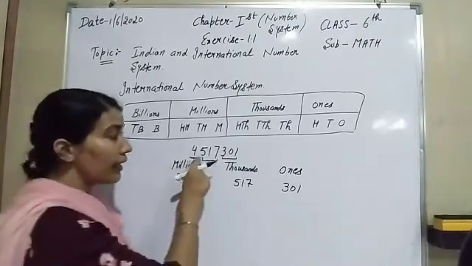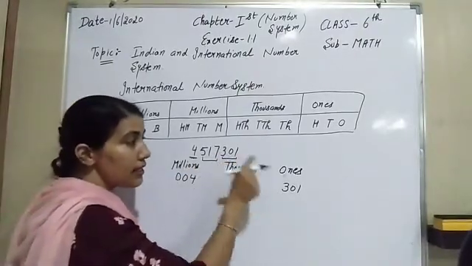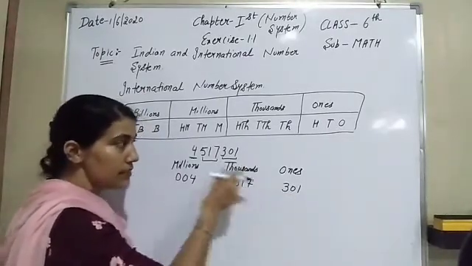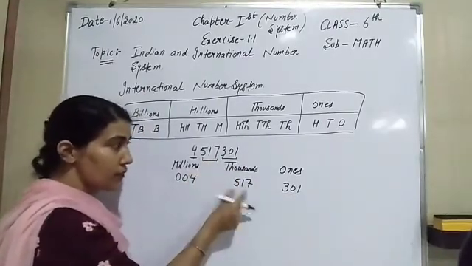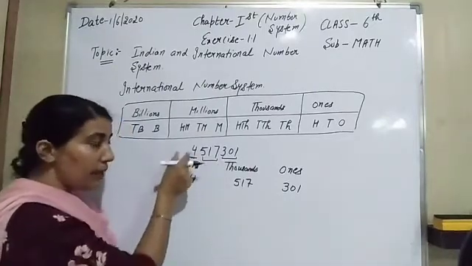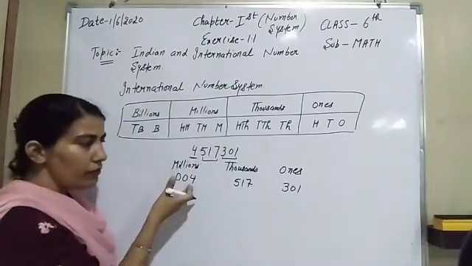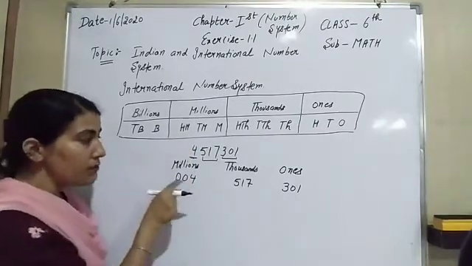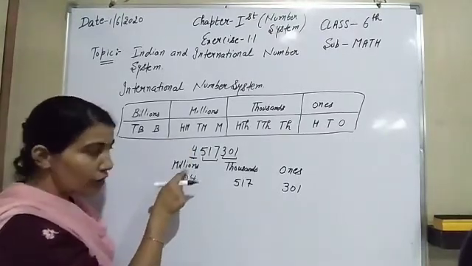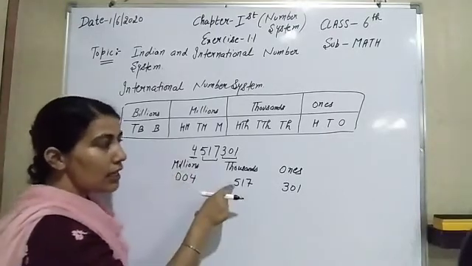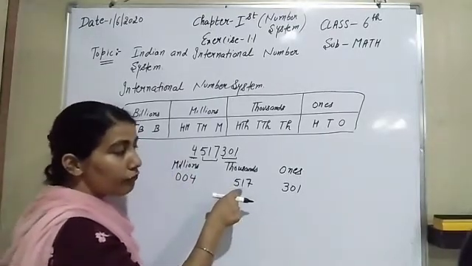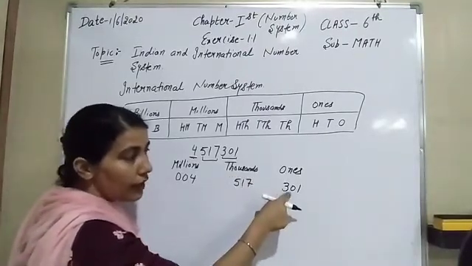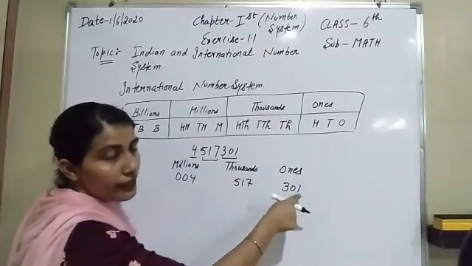So look here: the last 3 digits at the ones place, after that 3 digits at thousands, and 3 at millions. The remaining digits, it should be 1 or 2, you write here in the millions place. So it becomes 4 millions 517,301.